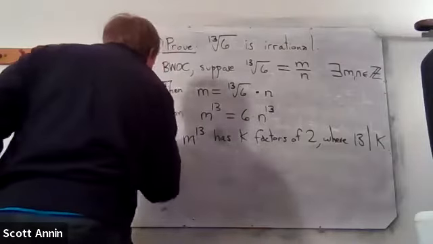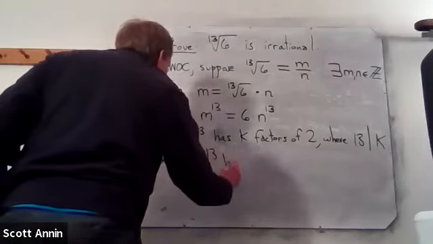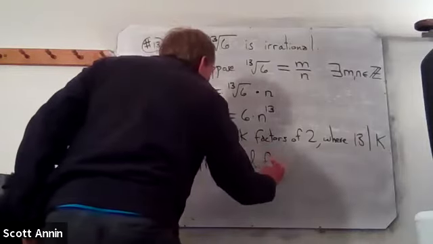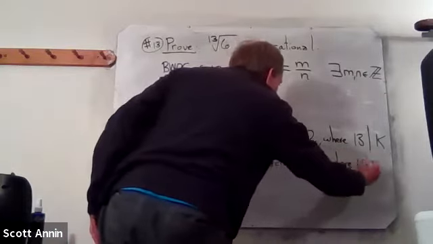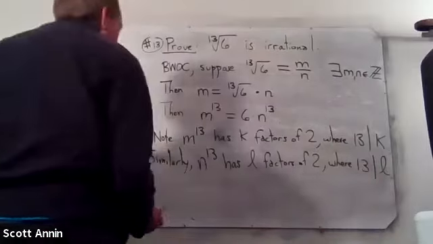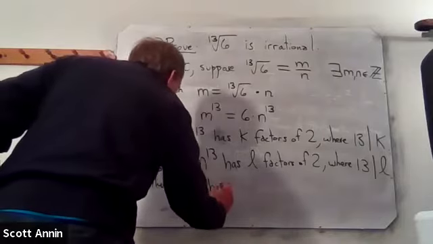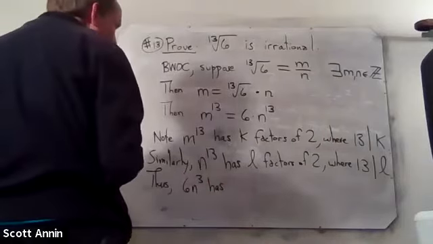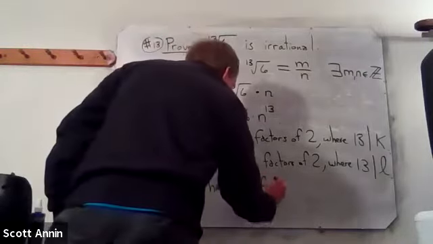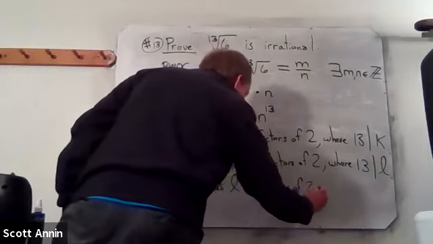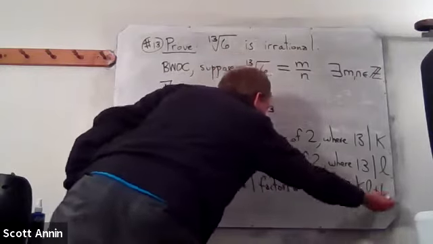So similarly, n to the 13th has, I'm going to call it L factors of 2, where 13 divides L. And so thus, 6n to the 13th has L plus 1 factors of 2. And 13 obviously does not divide L plus 1 because 13 does divide L.